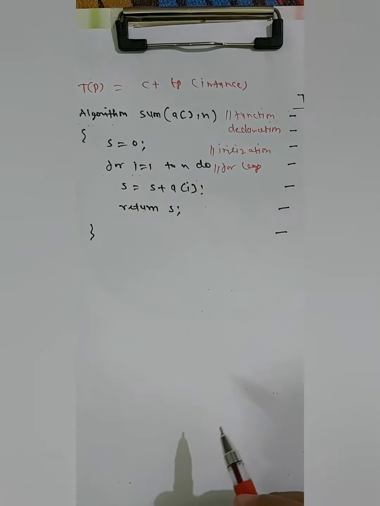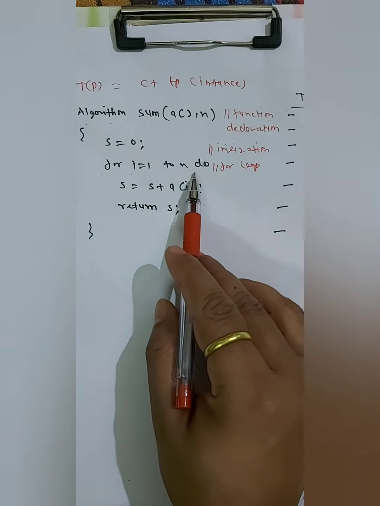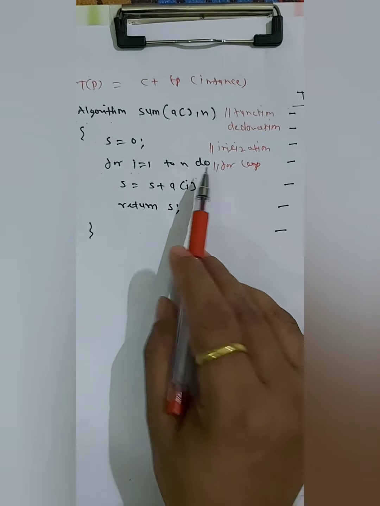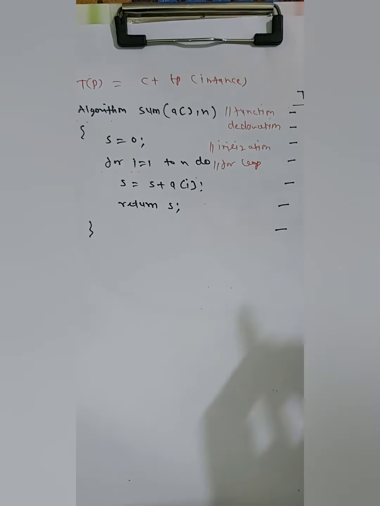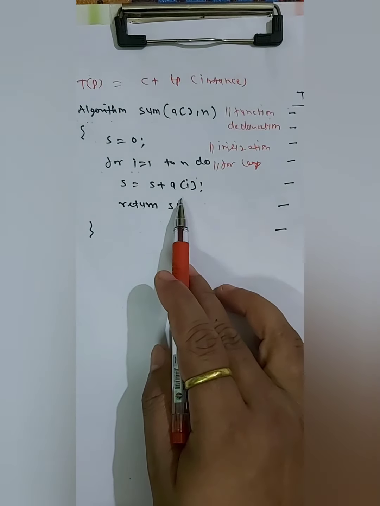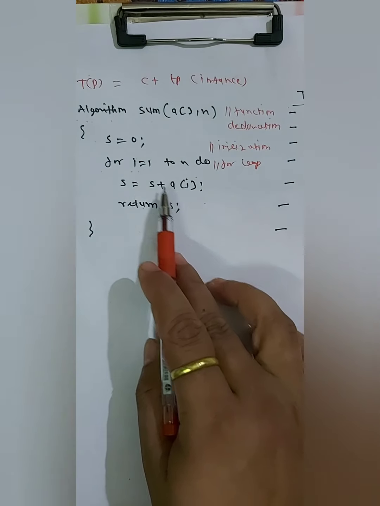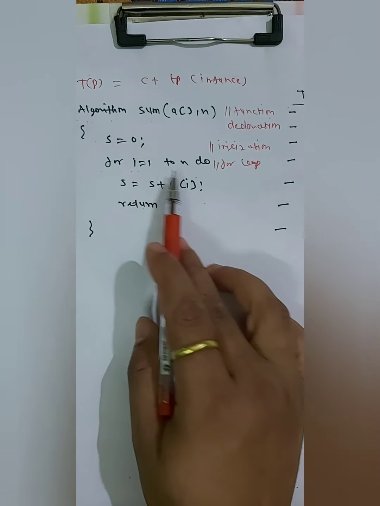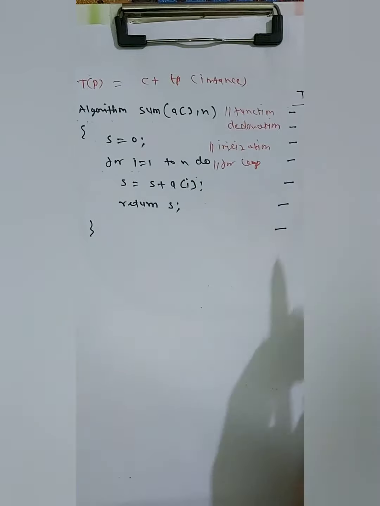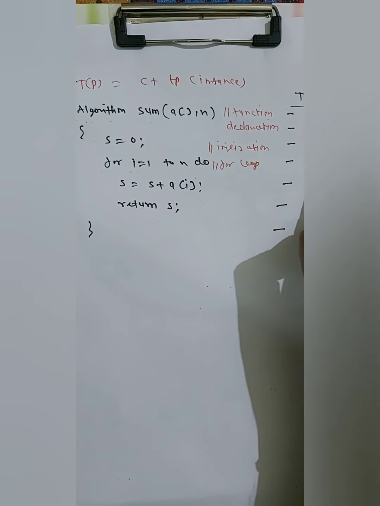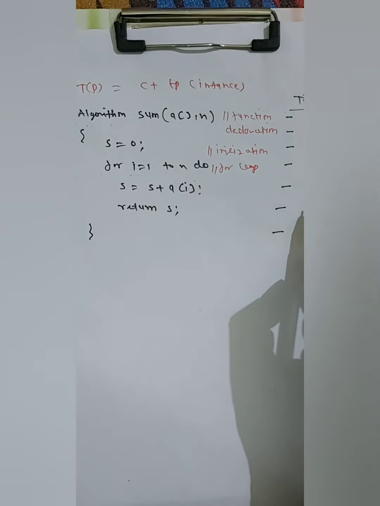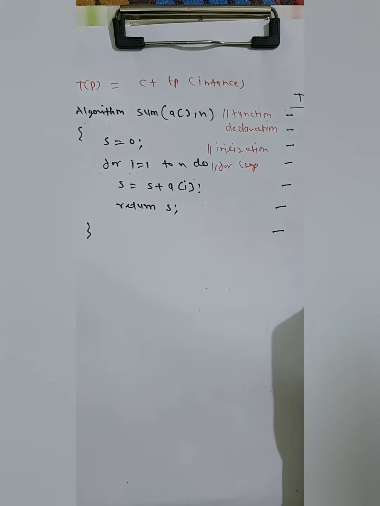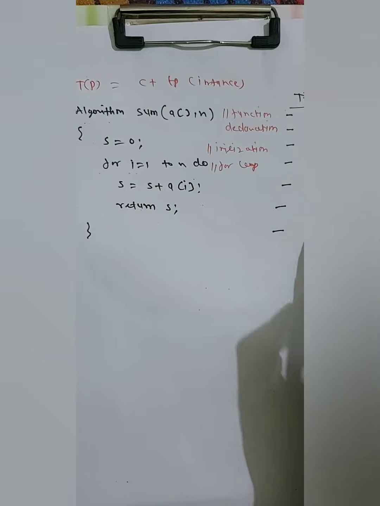Now for the for loop I equal to 1 to n, we should take n time, and s equal to s plus A[I]. Since I is incremented, we take n time for it. Return s will execute only once in the program, so 1, and the curly bracket is 0.